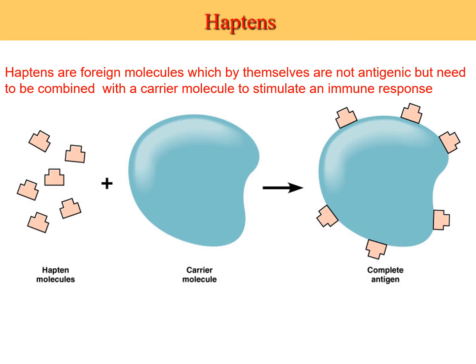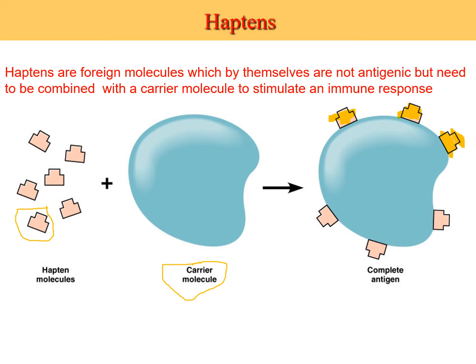They could trigger an antibody response or a T cell response. They're just too small on their own, but when they're linked to a carrier molecule, then they are arranged in such a way, in a linear or associated pattern, that they are big enough now to trigger a response.